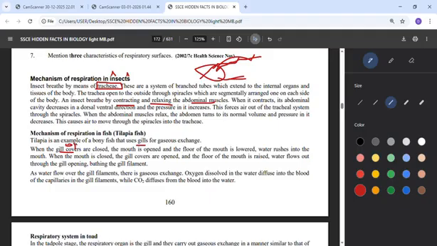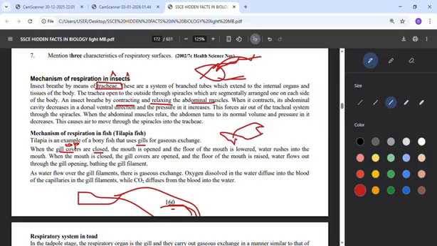So when the gill cover, or you say the gill plate, assuming this is the fish now, there is something here that when you open it, you will see gills there. So this place you are opening is the gill cover. So when you close it, the mouth is open. So you see the mouth of the fish opened like this.